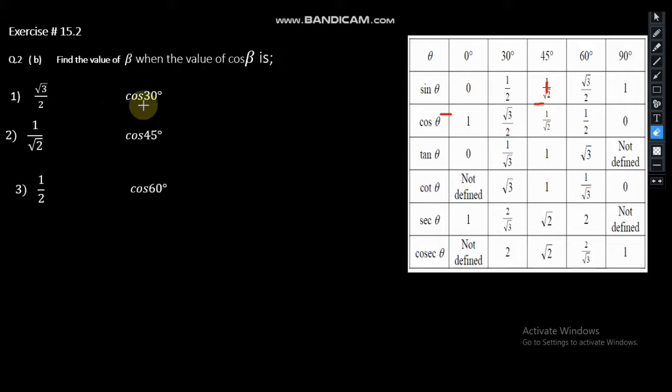Now cos 30 degree is root 3 upon 2, which is equal to cos 30 degree.